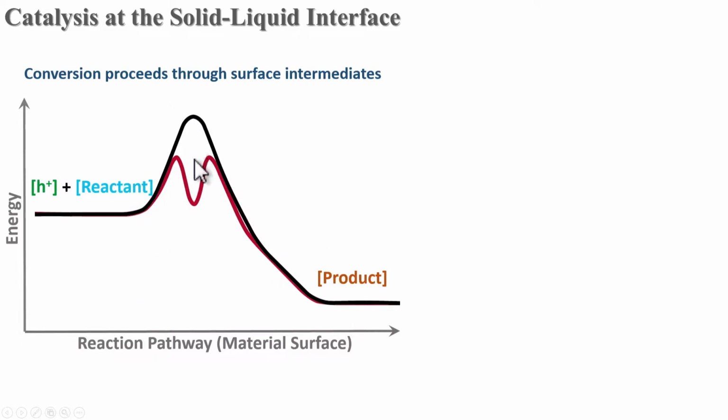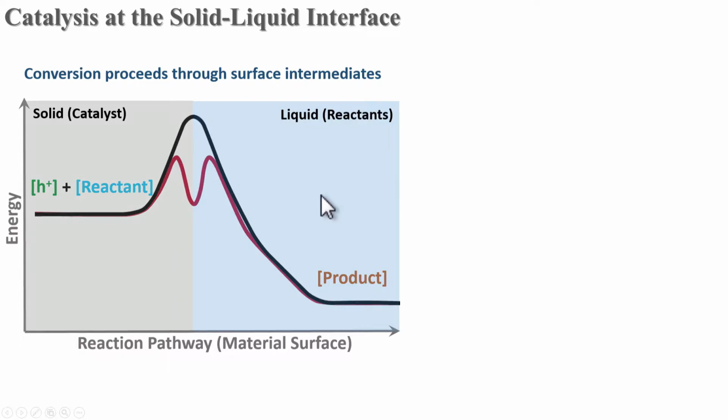To get it to go at an appreciable speed, you need a catalyst, which essentially lowers that barrier and puts an intermediate state at the center of the solid-liquid interface. That intermediate state is surface localized, and it sits between the bulk environment of the solid, which is the catalyst, and the liquid environment, which contains the reactant molecules.